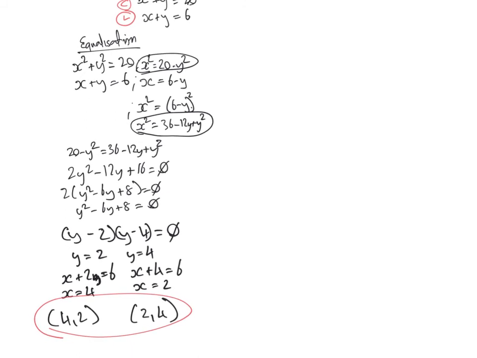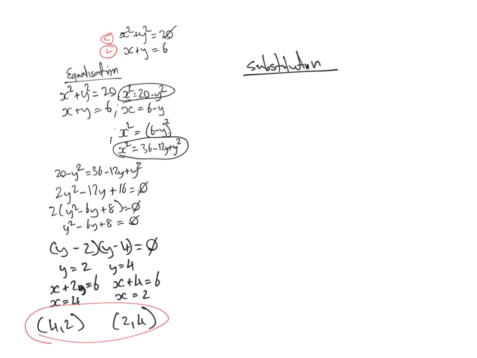Now, substitution just starts off slightly differently, but ultimately will give you the same quadratic, and then it proceeds in the same way. So for the substitution method, we have x squared plus y squared equals 20, and x plus y equals 6.